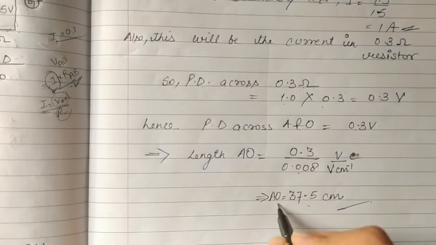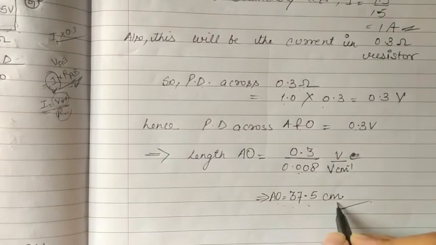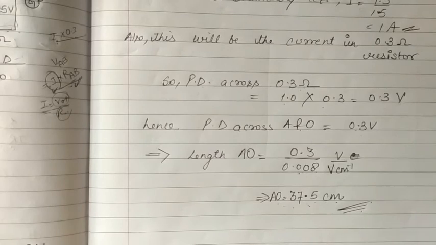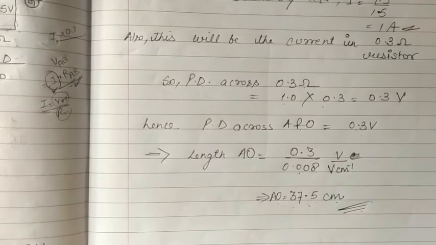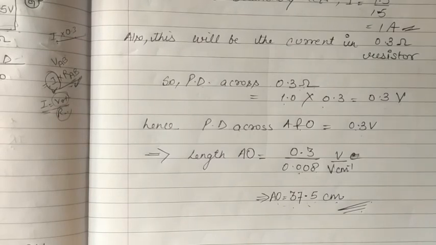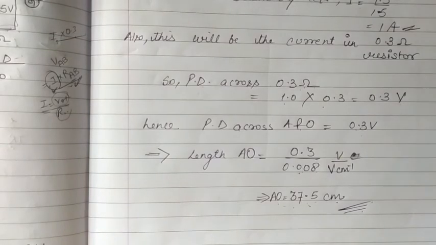The length AO will be 37.5 centimeter, right? This is how we can use a potentiometer to find the length or to find EMF or to compare EMFs. So practically these are the situations where a potentiometer can be used.